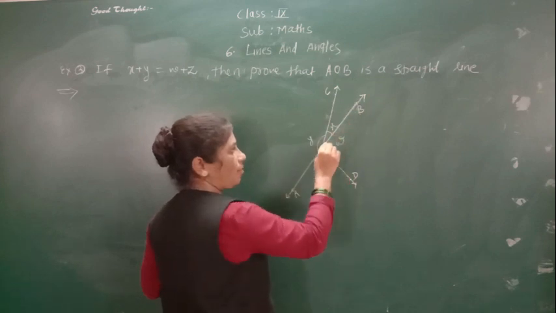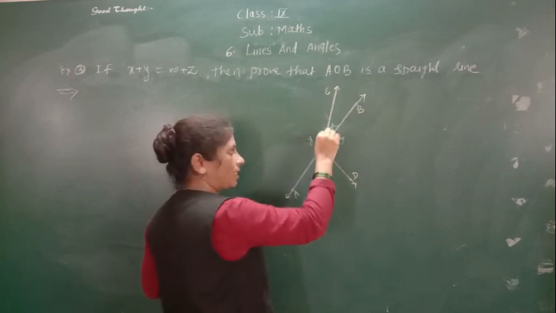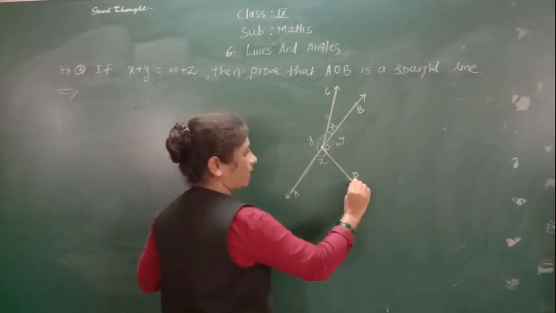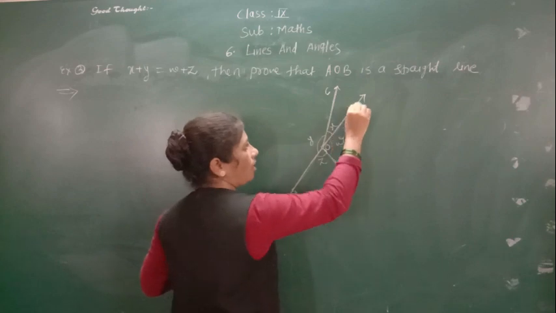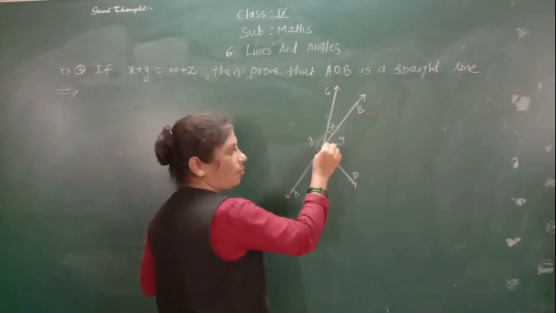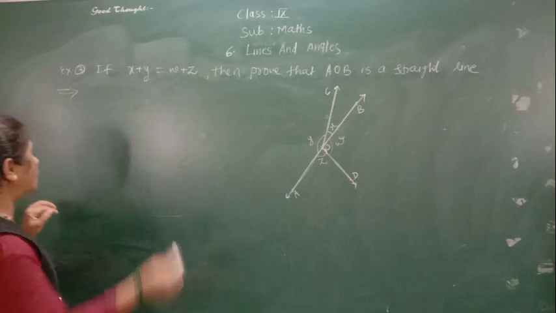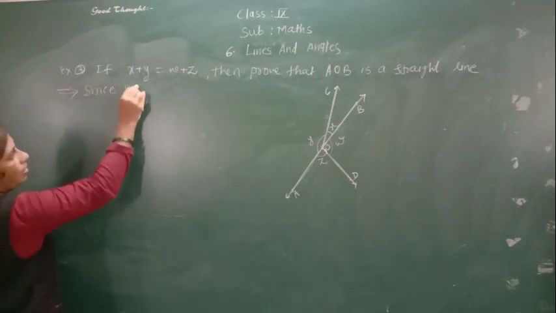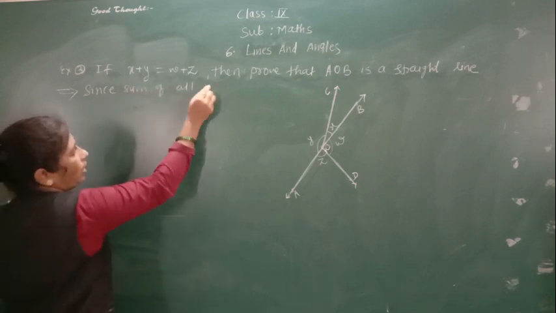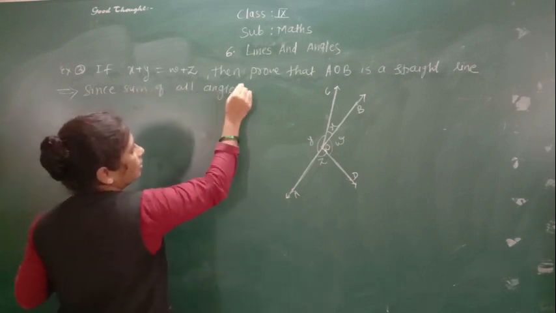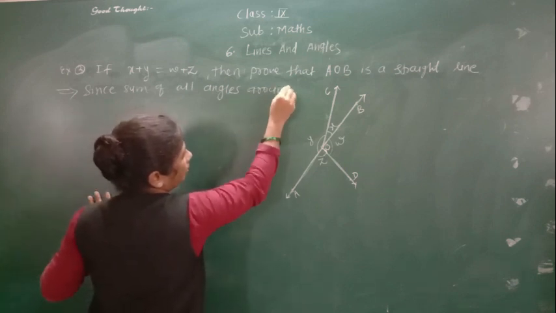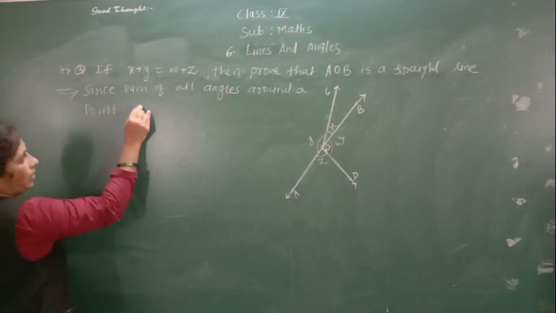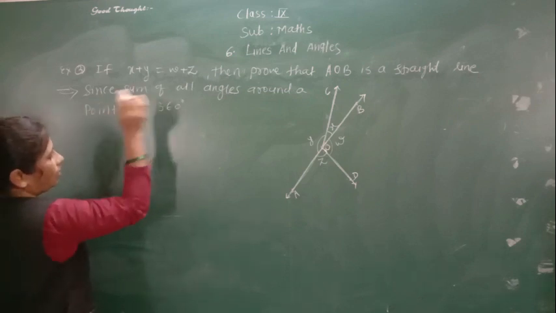Angle BOC plus angle COA plus angle AOD plus angle DOB, all are the angles around point O. Okay, so since the sum of all angles around a point is 360 degrees, then what will be there?